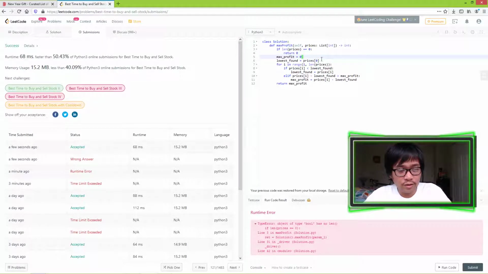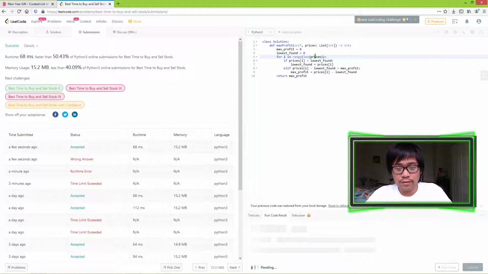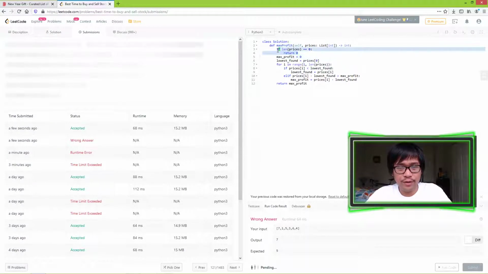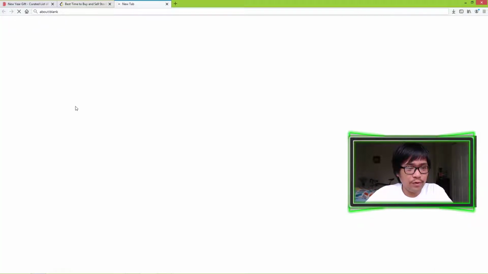Okay, so that did work, but what we're going to try is we're going to just set the lowest found equal to 0, and then we are going to start at basically 0 as well. So let's see if this works. Oh, okay, so that doesn't work. Yeah, that's weird. I don't think I had to return 0 here initially. So let's look at my other solutions, because it should be roughly the same.